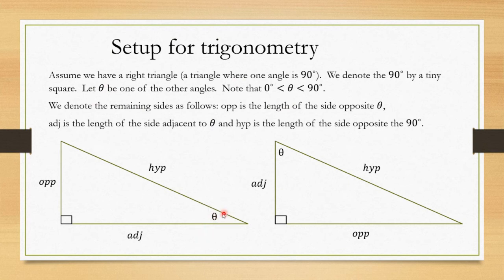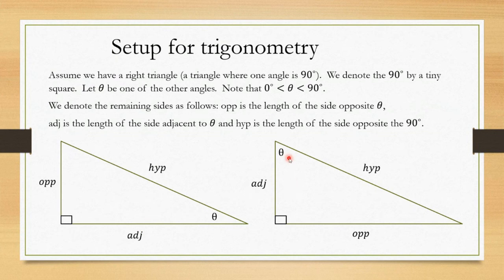So theta, okay, now hyp, HYP, that's the length of the side opposite the 90-degree angle. That is, it's the length of the hypotenuse. And the hypotenuse is the side opposite the 90-degree angle. Okay, so that's what we have there. OPP, that's the length of the side opposite theta. Adjacent is the length of the side next to theta, like so.